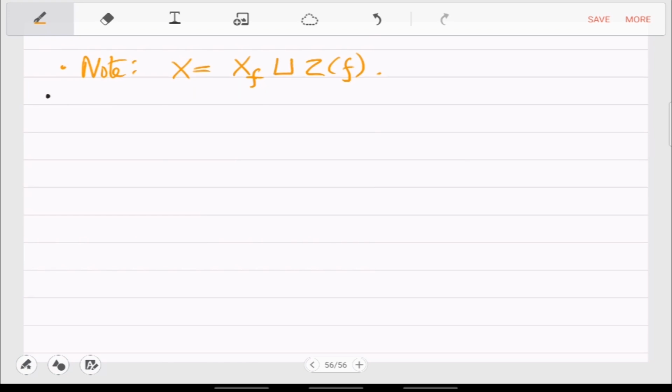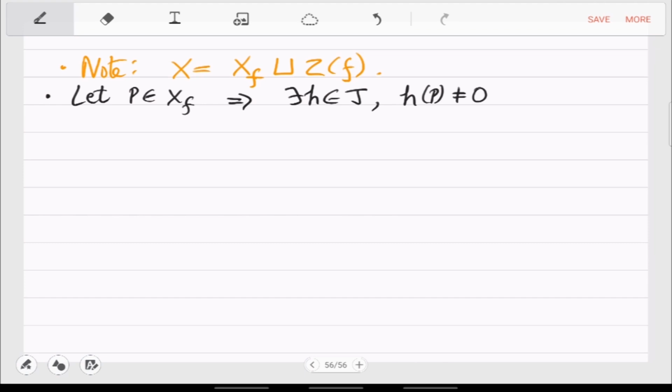Because if F(P) is not 0, then clearly P cannot be in Z of F. So this is by definition a disjoint union, which covers X. The question that you have to ask is: if I take a point P which does not annihilate F, then there exists an H in that ideal J such that H at P is non-zero.